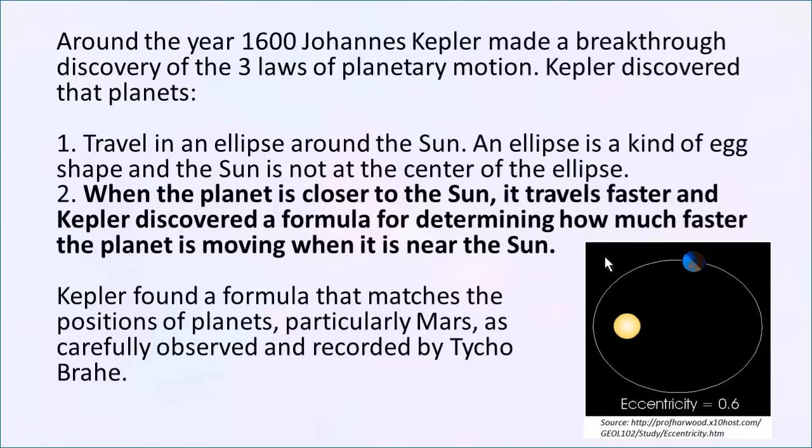Rule number two is this. As you look at this image in the lower right corner of the sun and the Earth going around the sun, as the Earth moves once a year, it revolves counterclockwise if you're above the North Pole looking down.